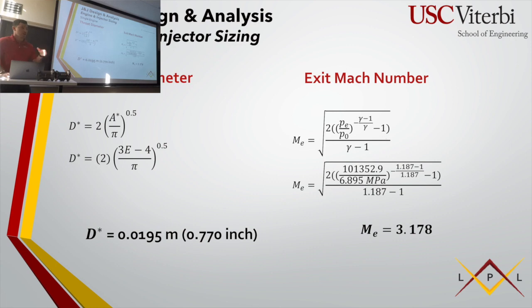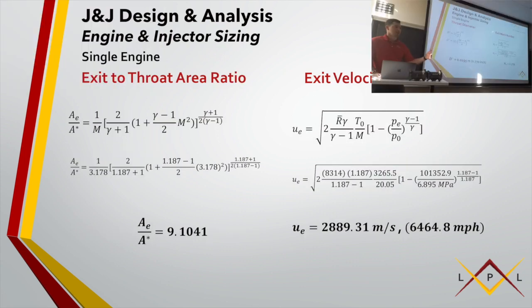It has to do with your area. Well, this is actually an equation to figure out what the Mach of the exit is, which is in that cheat sheet. We know that the area Mach relation tells you the area is only a function of Mach number. So now that we know that Mach number at the exit, we can figure out what this ratio is. So that's what we just did here, figured out that ratio.